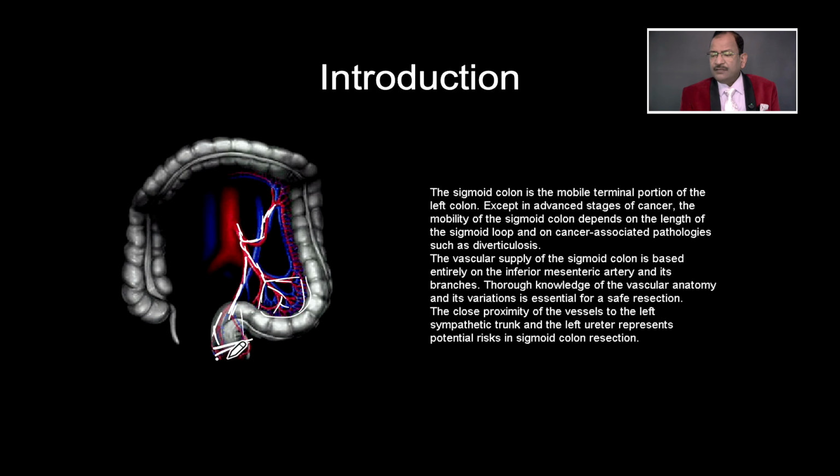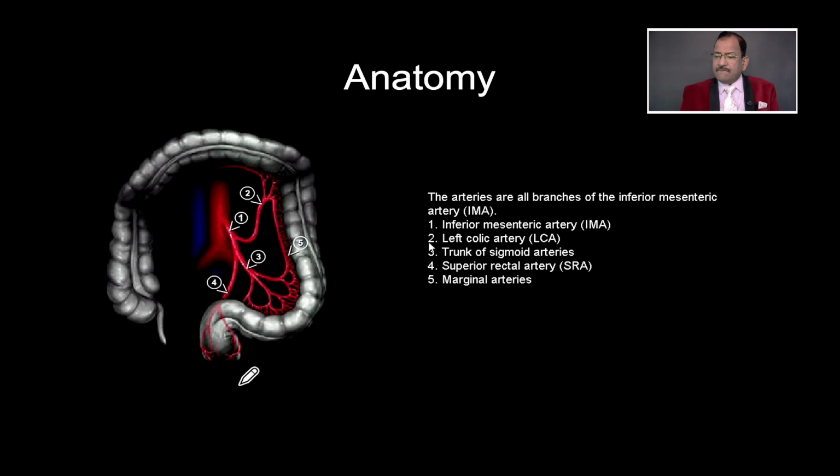The middle part of the rectum is supplied by the middle rectal artery, a branch of the internal iliac. And the lower rectal artery is a branch of the pudendal. Most authors, especially senior surgeons, do not try to disturb the left colic artery, because it is a watershed area. If you clip it, the blood supply of the splenic flexure decreases, anastomotic ischemia can happen, and there is a chance of anastomotic leak.